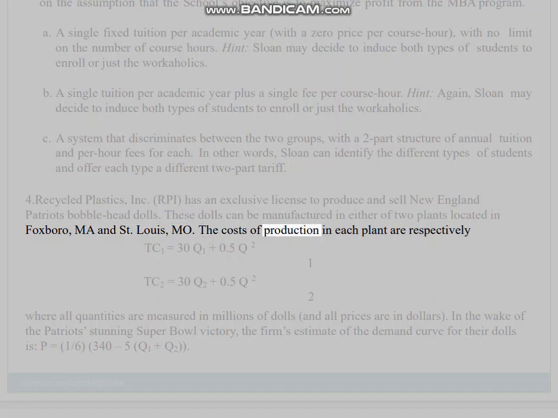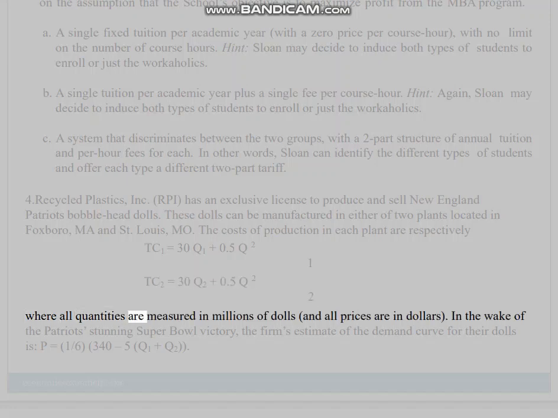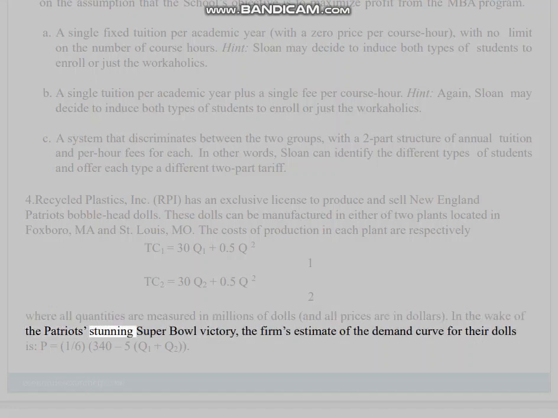The costs of production in each plant are respectively TC1 = 30Q1 + 0.5Q1^2, TC2 = 30Q2 + 0.5Q2^2, where all quantities are measured in millions of dollars, and all prices are in dollars. In the wake of the Patriots' stunning Super Bowl victory, the firm's estimate of the demand curve for their dolls is P = 340 - 5(Q1 + Q2)/6.